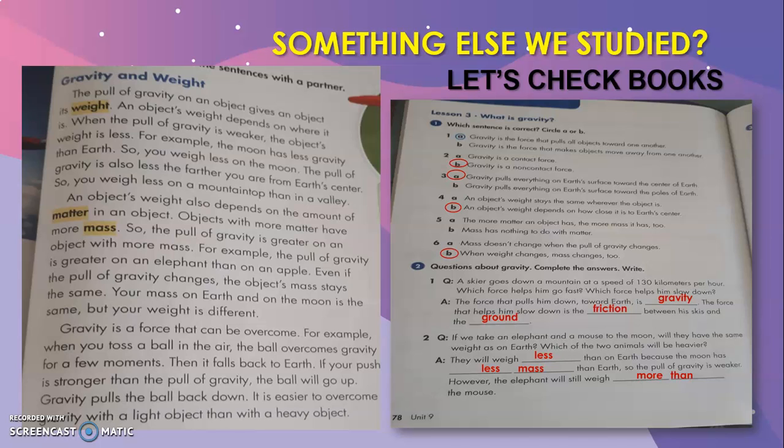Now, in number 2, if we take an elephant and a mouse to the moon, will they have the same weight as on Earth? Which of the two animals will be heavier? Okay, pay attention. This is a very valuable conclusion. They will weigh less than on Earth because the moon has less mass than Earth, so the pull of gravity is weaker.